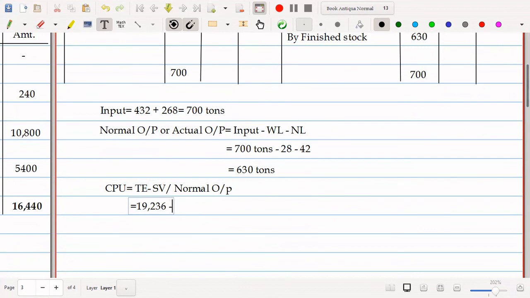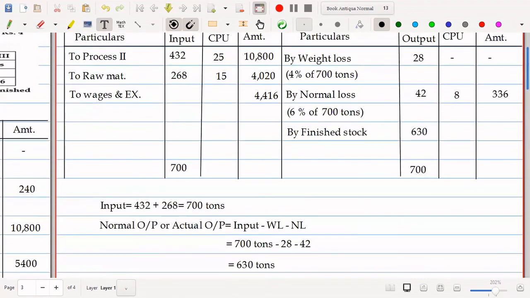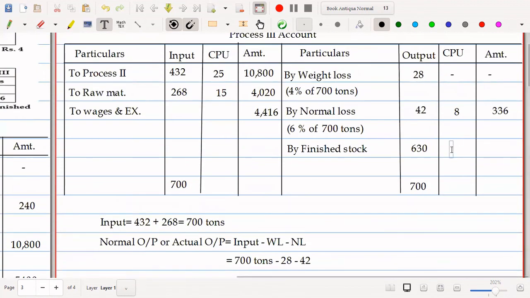This is rupees, don't get confused, minus again rupees, scrap value. The value we have to take in rupees itself, divided by normal output. Output means we have to take it in tons or units, 630 units. So this comes to rupees 30. Let's insert it here. This is 30.